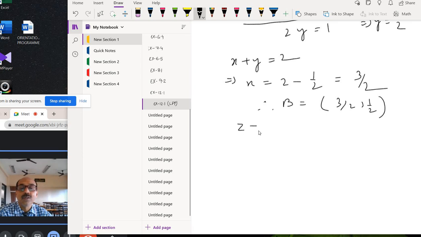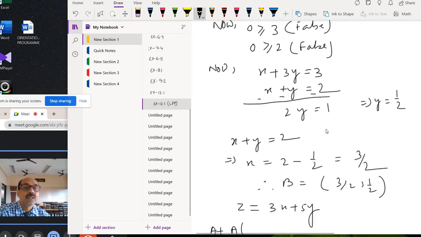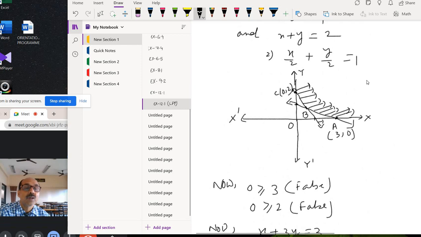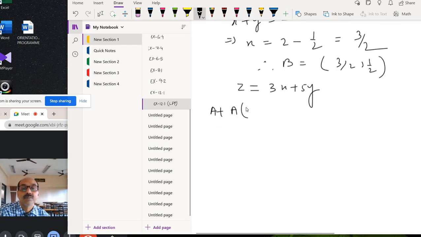Z equal to 3x plus 5y. So first point at A. A point is 3, 0.